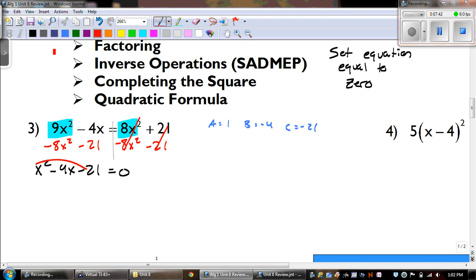Okay, so I'm going to multiply, and I get 21. Factors of 21 are 1 and 21, 3 and 7. So out of those, do I have a pair that multiply to -21 and add to -4? And I do. It's 3 and -7.